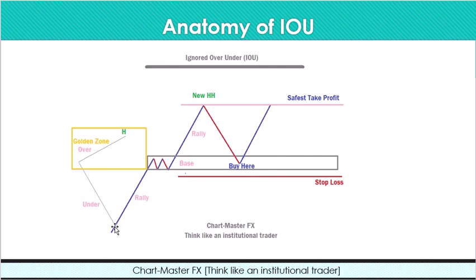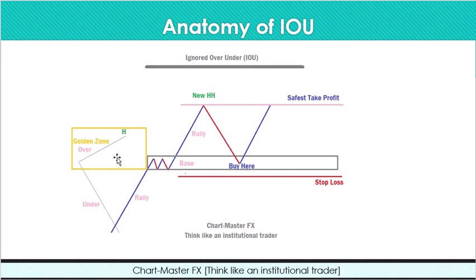Once the price creates a lower low, it goes back to the golden zone, and inside the golden zone there would be a decision point that is more likely to hold the price. Once you see a valid significant decision point, then you can place a trade from there.